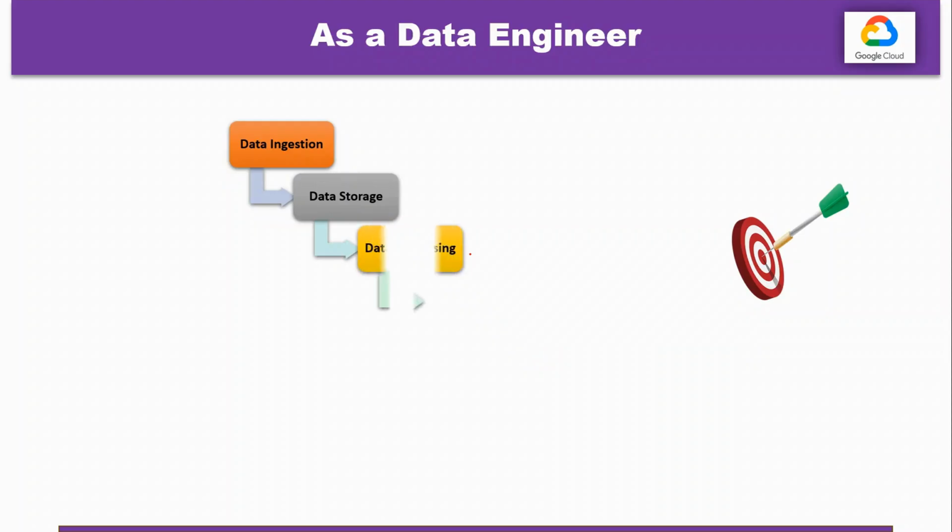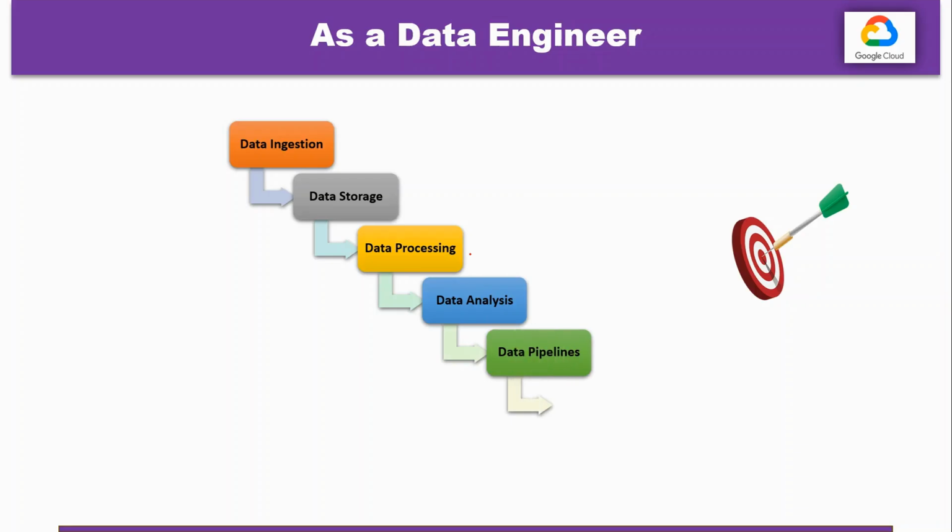And then we will also take care of the data processing. We must process the data, as we now know that it may have plenty of issues, maybe duplicates, null values, bad records or unnecessary data. So we need to do the data processing, and we will also take care of data analysis and data pipeline creation, and we will also work on the data orchestration, and finally data visualization.